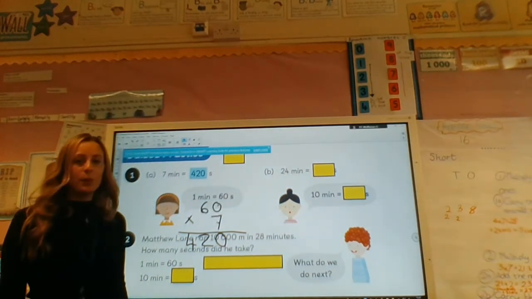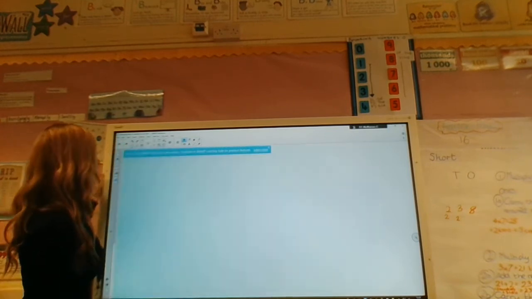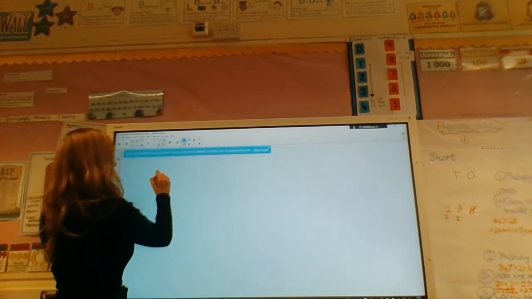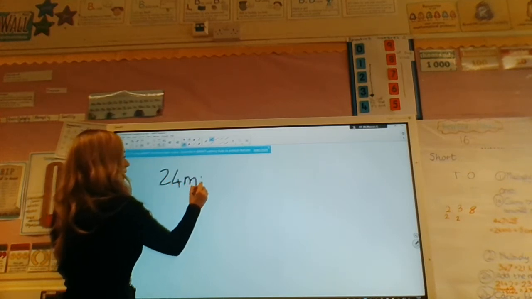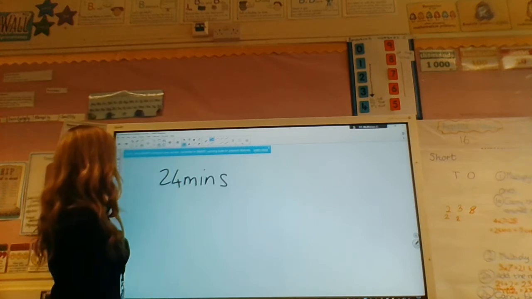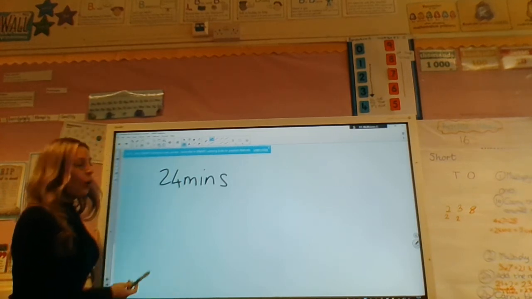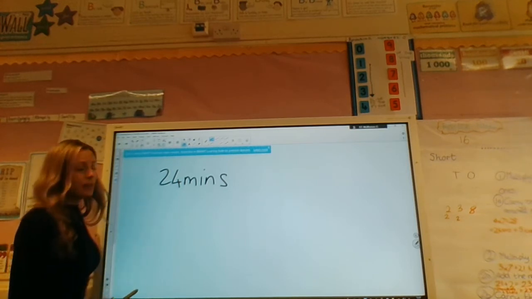Now, this one, we want to know how many seconds are in 24 minutes. Now, off the top of your head, you're not going to know what 24 times 60 is. So if we're looking for 24 minutes in seconds, we do need to times it by 60. So what we could do here is we could work out, well, okay, what's 10 minutes in seconds?